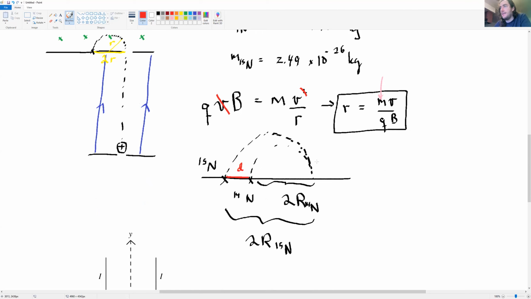Let's just call it D. So D is what we want to figure out. And D here is 2 times R of N15 minus 2 times R of N14. And in the question, they give us that. They say 2RA minus RB.